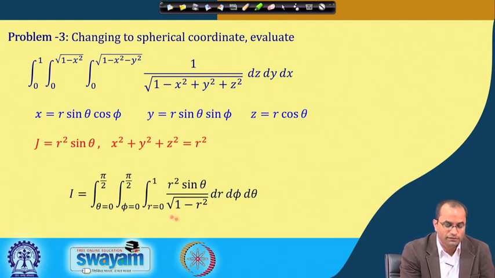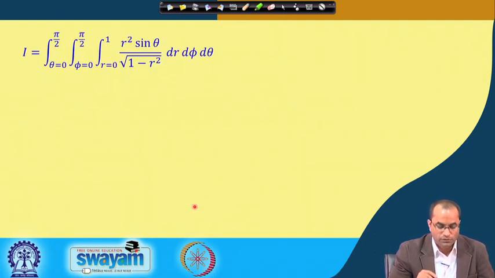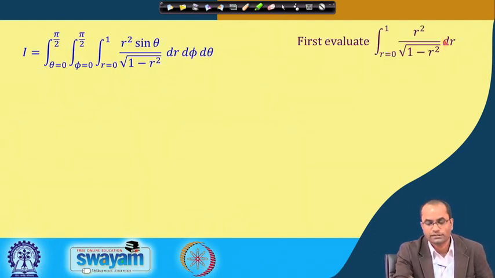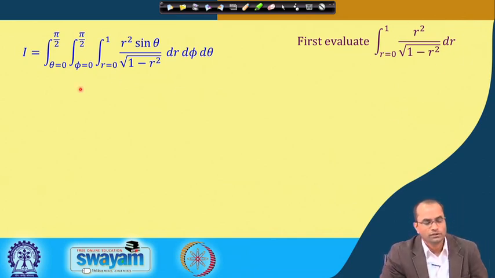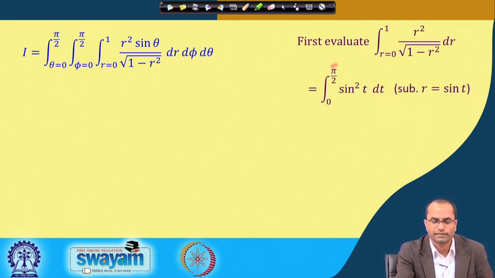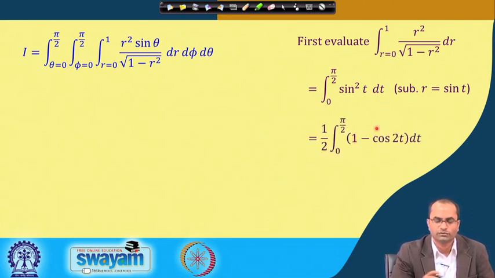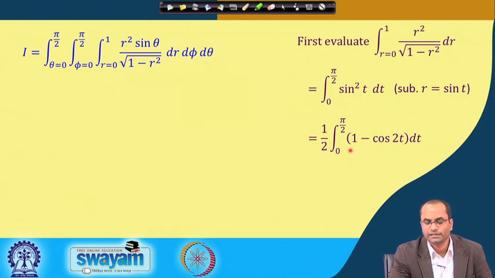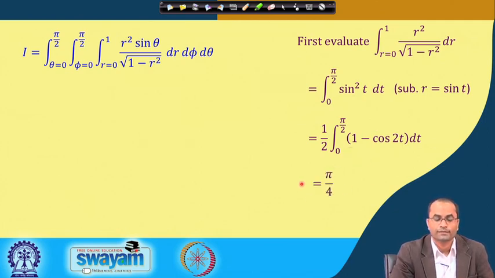With respect to r we have r square over 1 minus r square. So, first we are evaluating the inner integral, r square divided by square root 1 minus r square. Here by substitution r is equal to sin t, we can easily get sin square t, which will be converted to 1 minus cos 2 t, which we can integrate now, and the value will be pi by 4.